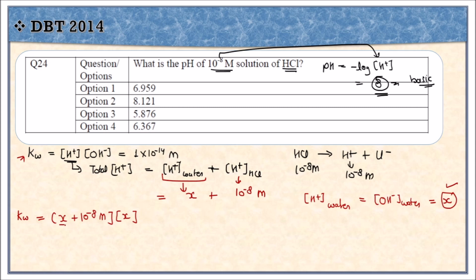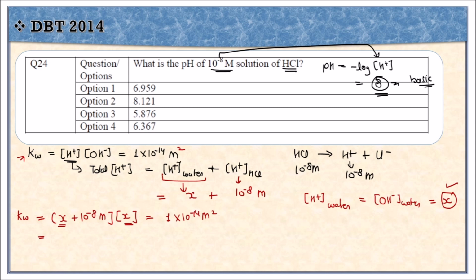So this will be X and this will be X. And the product will remain the same, that is 1 into 10 to the power minus 14 molar squared. Now we have to solve this equation to get the value of X, which is the concentration of H plus ion and OH negative ion because of ionization of water. Clear? So we are determining how much water is ionized.